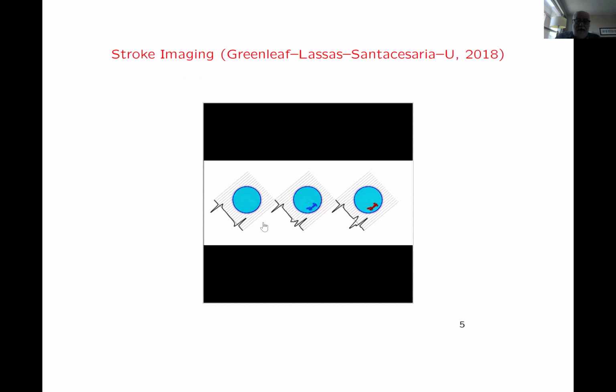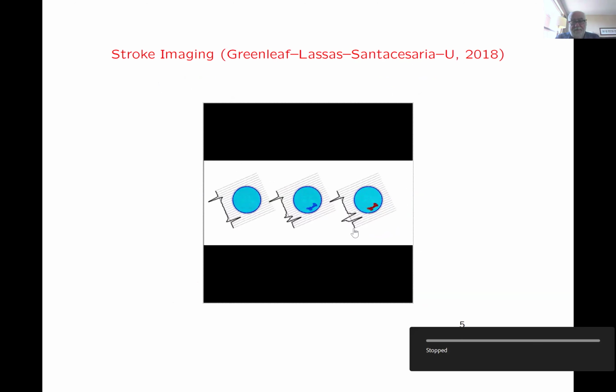The method that we have developed is closely related to X-ray tomography. Here you see on the left conductivity 1, in the middle a very low conductivity, and a very high conductivity on the right.